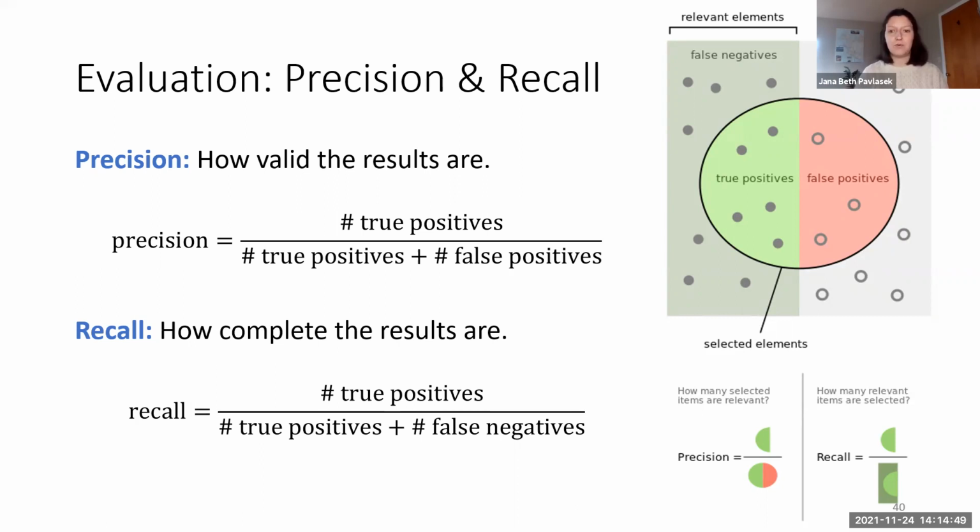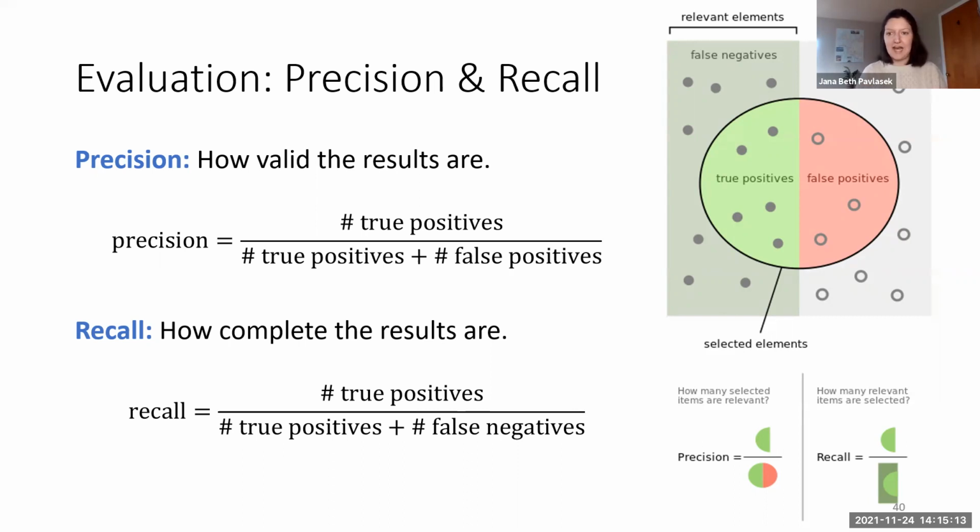Then what you want in these cases is high precision. Precision is the number of true positives divided by the number of true positives and false positives, so all of the ones that were actually guessed to be positive.